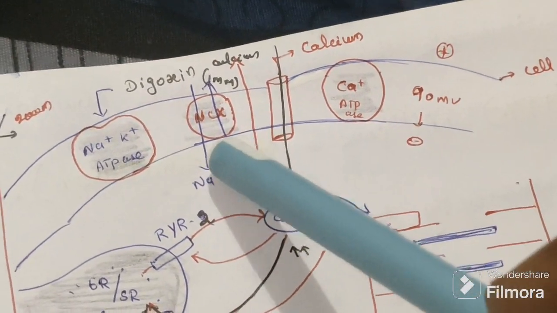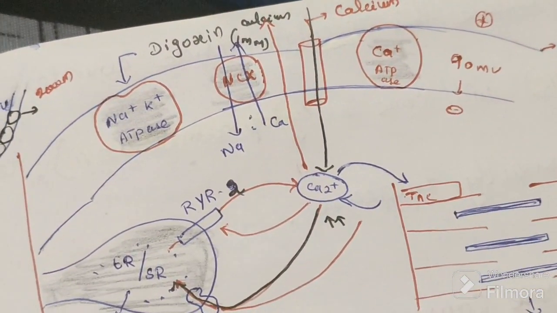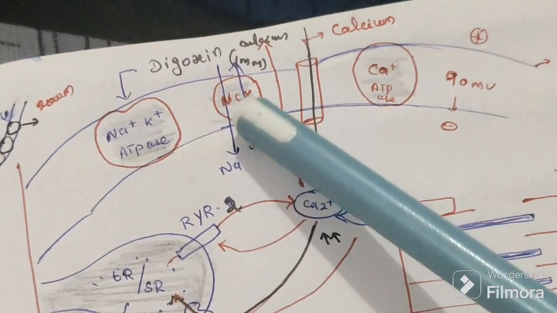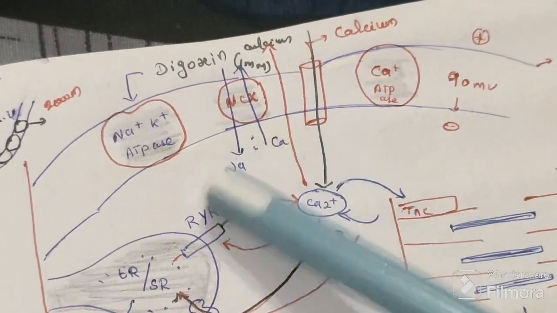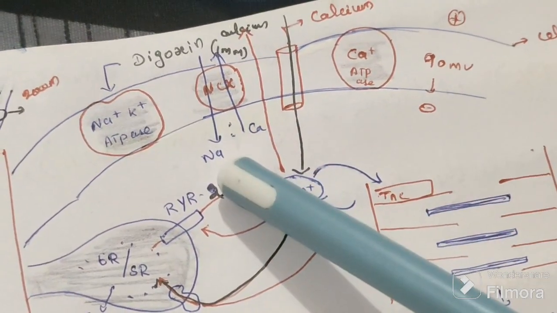The exchanger tells the calcium to go outside, and it will take that sodium, so sodium now reaches inside.